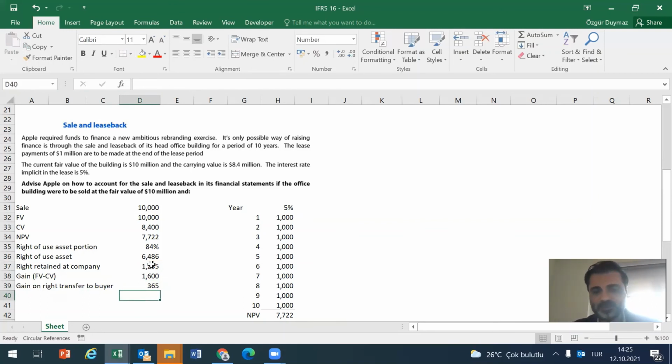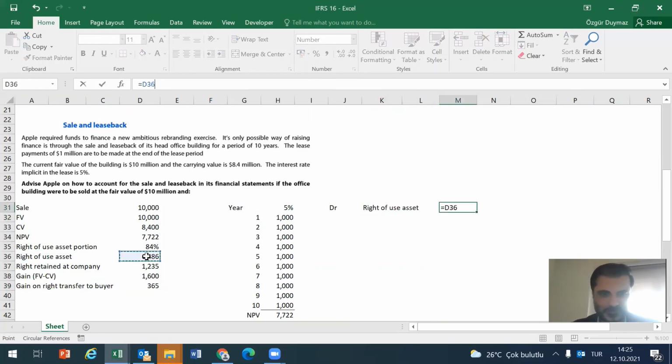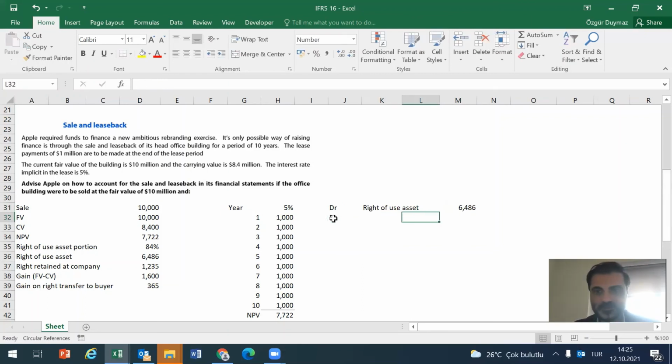Okay, after this calculation, let's prepare the accounting treatment in the initial recognition. That is, right of use assets, 6.5 million. Company collected 10 million.